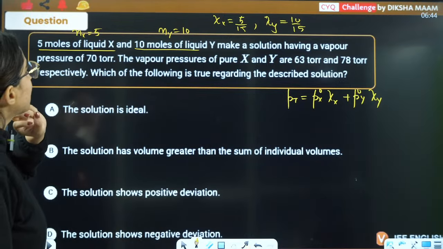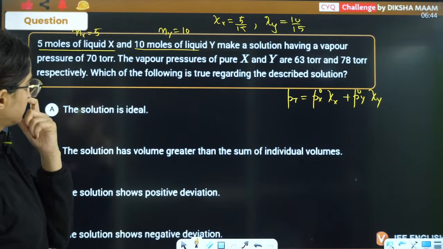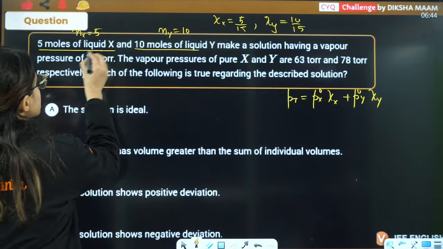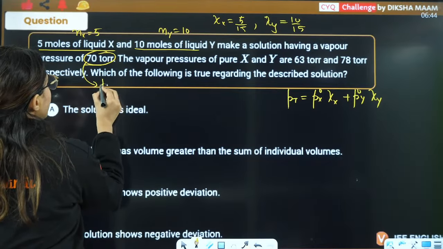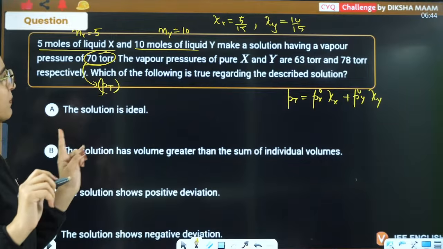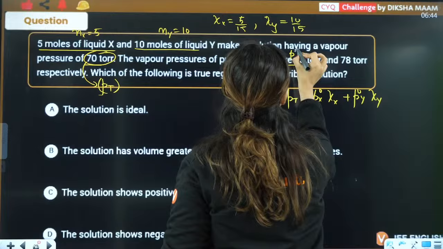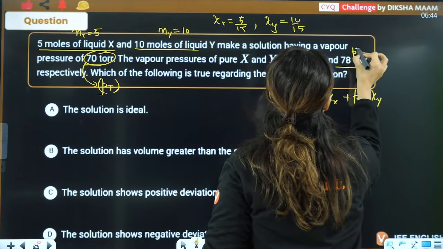The solution has a total vapor pressure of 70. This is PT. Vapor pressures of pure X and pure Y are P naught X and P naught Y.